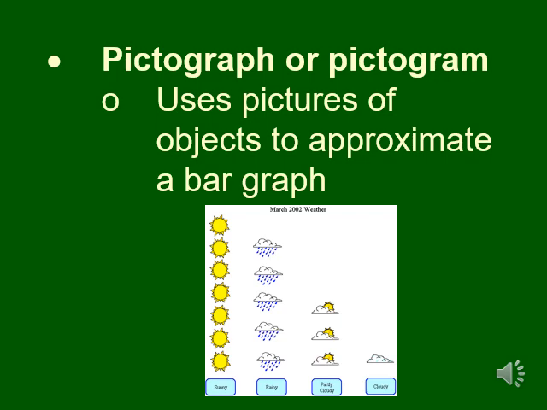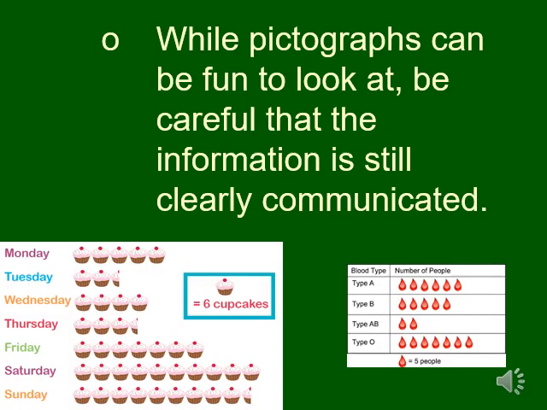However, I can look at that and just right off tell you it was sunny way more often than it was cloudy. Here's a couple of other pictograms, and like it says, it can be a cute way of communicating information. You got to make sure that you do still communicate clearly.